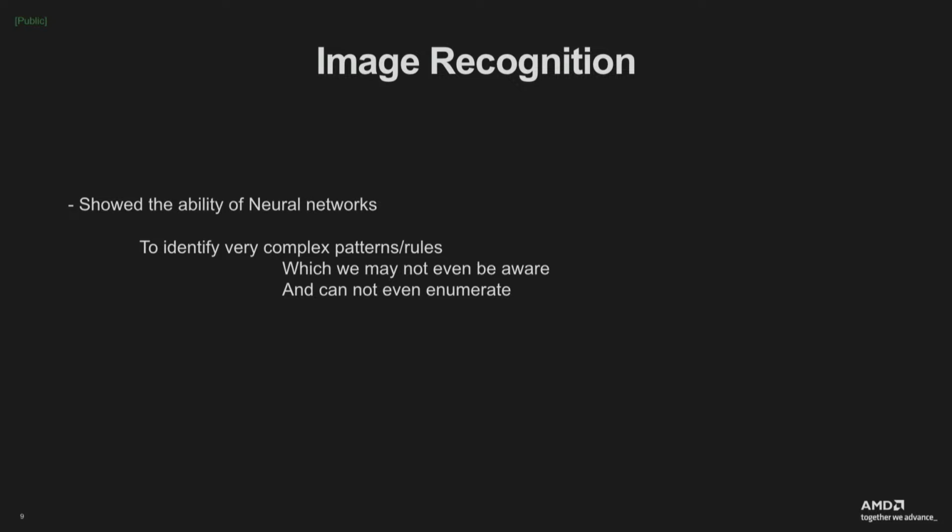All those kinds of conditions it can extract, to the extent that we as human beings may not even be aware of those conditions and rules, or may not even be able to enumerate them. If we were able to enumerate for identifying a bottle all the conditions, including as complex as we want, we could write a code for it.